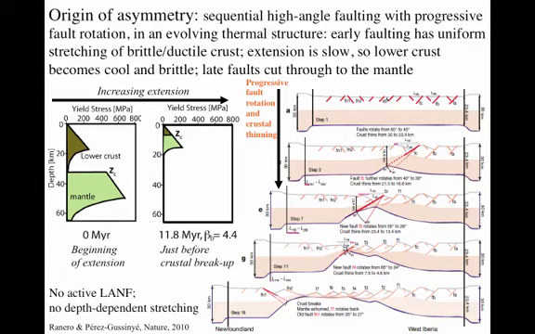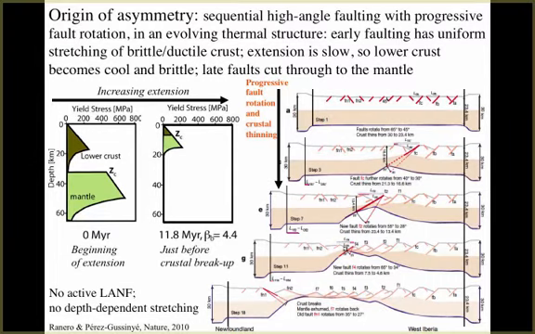So the sequential high angle faulting with a progressive fault block rotation is in an evolving thermal structure, and the early faulting has uniform stretching of the brittle and ductile crust. Extension is slow, so the lower crust becomes cool and brittle as the late faults cut down through to the mantle.